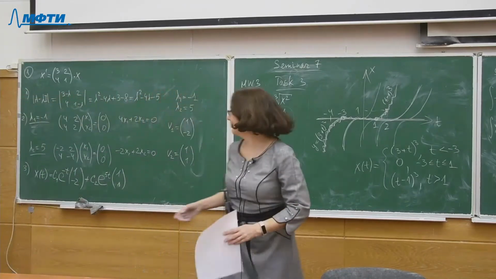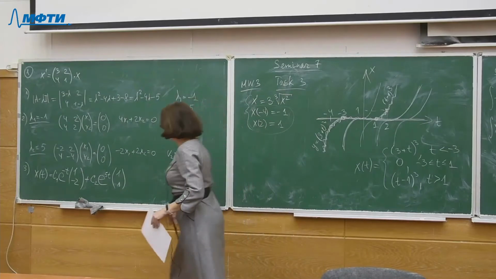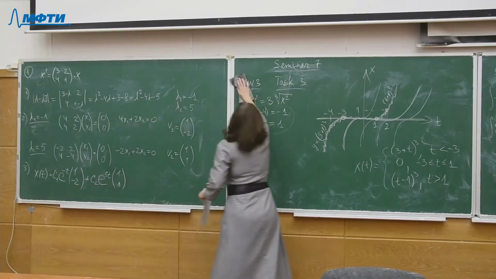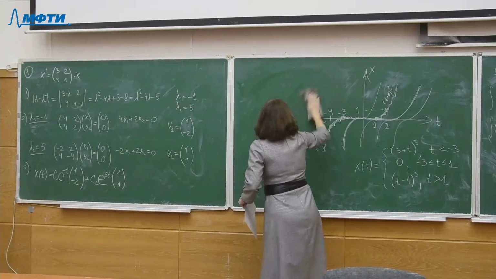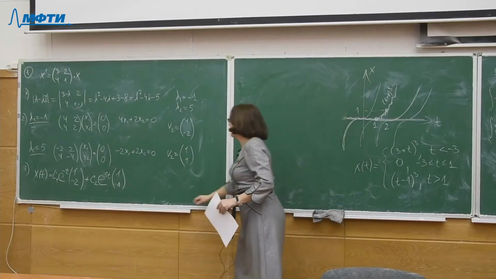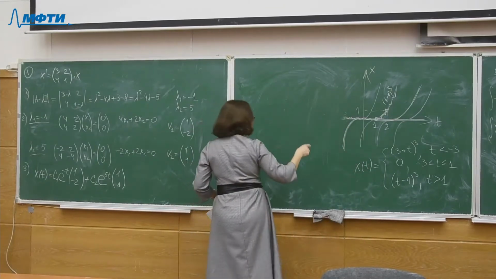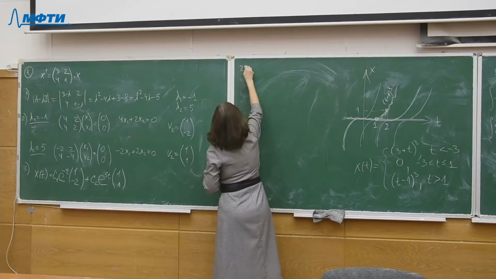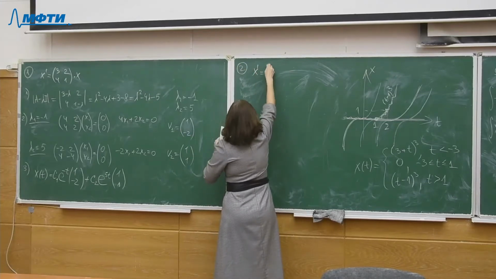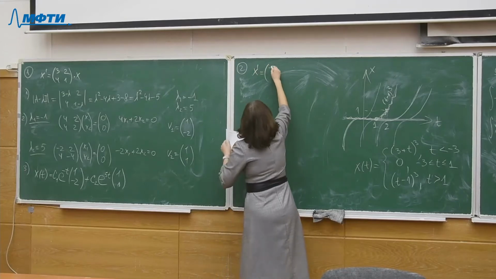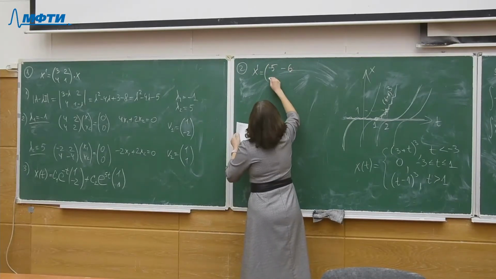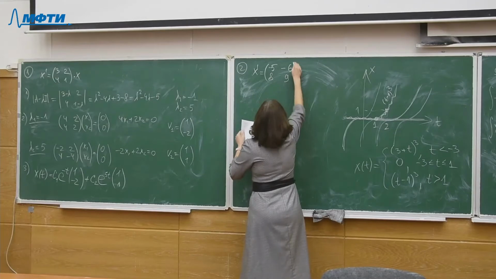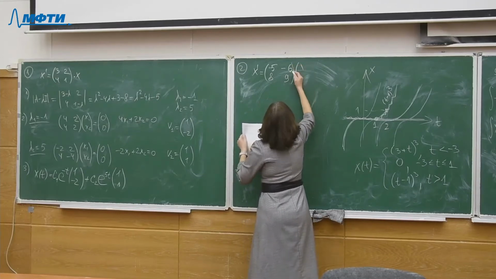Right, welcome. It's something similar to this. Yes, the same, not like a Jordan cell, but like this. It will be like this, minus x.